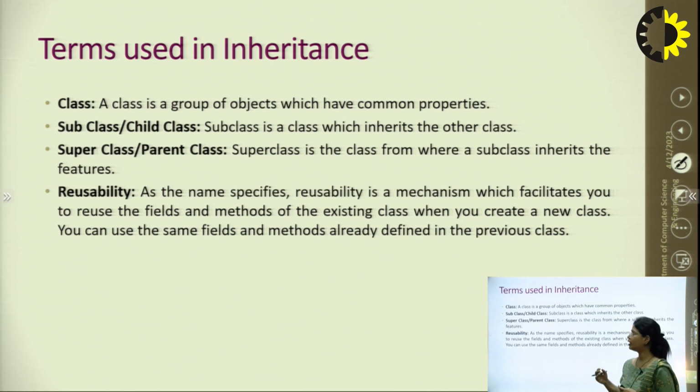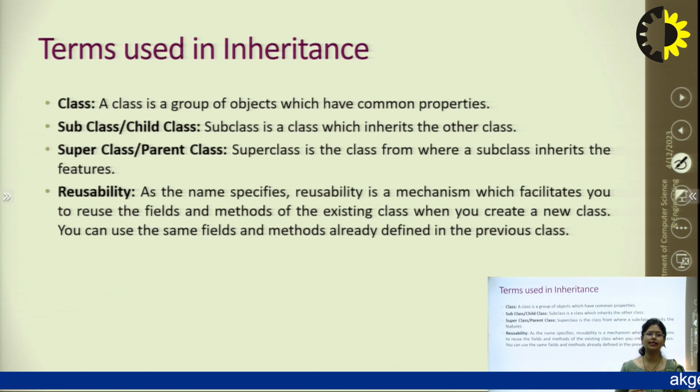Now let's see the concept of subclass and child class. A subclass is a class which inherits another class, just like a child inherits the parent's properties. Third is the superclass, which is your parent class. Superclass is the class from which a class inherits the features.